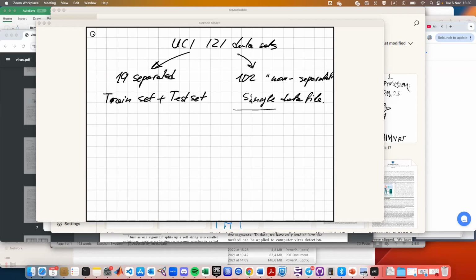So let's talk about splits of non-separated data sets.